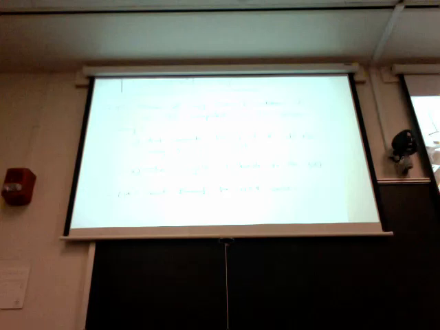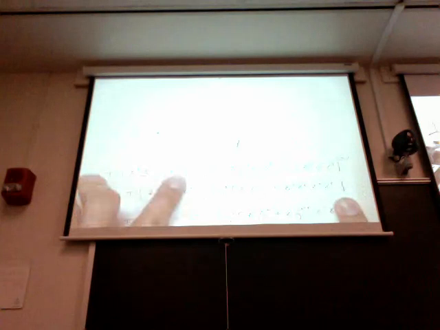Okay, so let me walk you through the n equals 4 case. All right, so let me start here. I have the trace of gamma mu, nu, rho, sigma. I'm going to do the same thing I did before. So I'm going to take this guy and anti-commute it through the gamma nu.